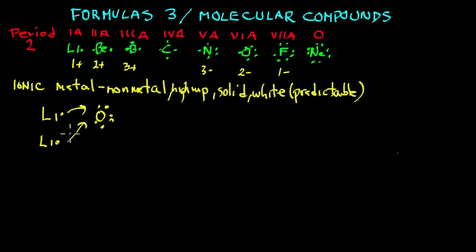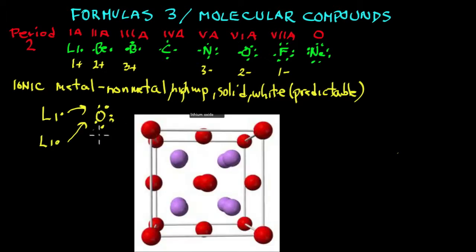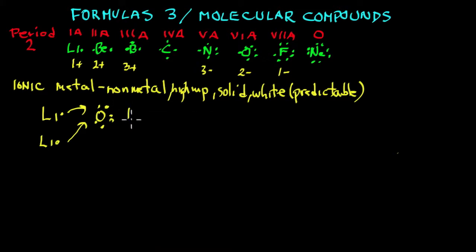The reason these two will each lose 1 is because oxygen gets an octet, 8 electrons, and lithium, by losing its electron, goes back to a noble gas configuration of helium. So you get a compound, Li1 plus, oxygen 2 minus, Li2O.